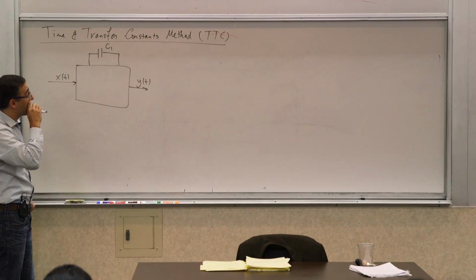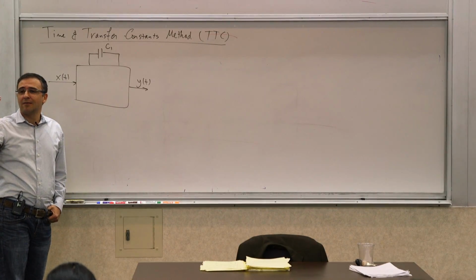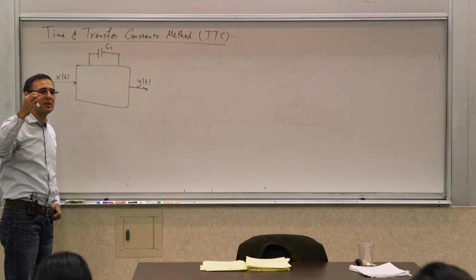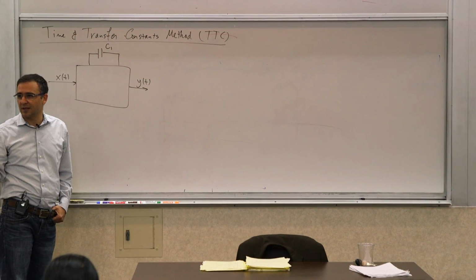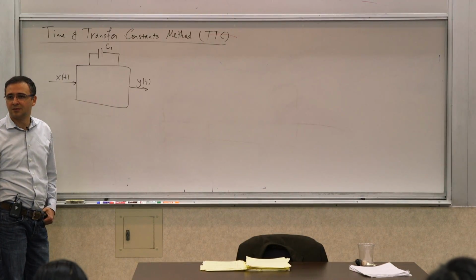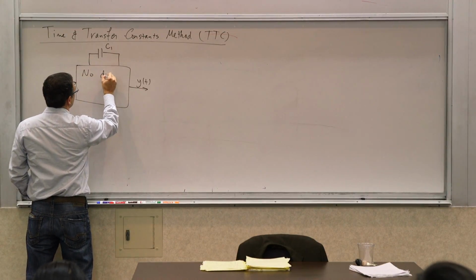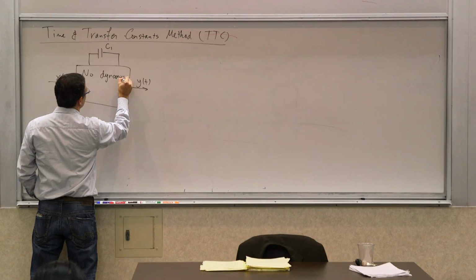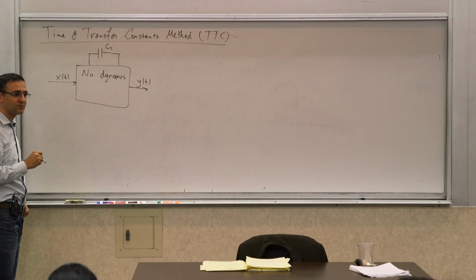If I take it outside this box, what's inside this box is purely resistive, and it consists of resistors, dependent sources, independent sources, all sorts of things. But it will not have any capacitors or inductors inside. So we say no dynamics in what's inside the box.